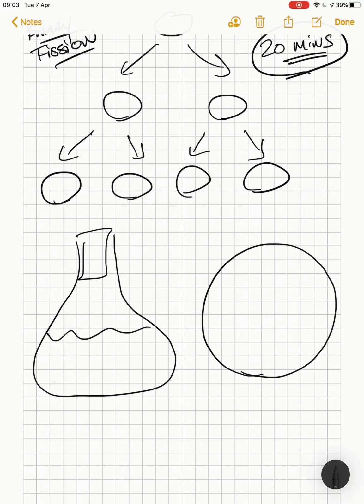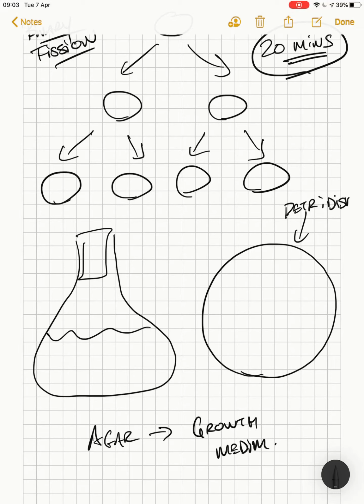So an agar plate, or agar, is a growth medium made with gelatin or seaweed components. So agar is just a growth medium, and we pour that agar onto a Petri dish, which is that plastic circular dish with the little lid on it, and then we tape it up. We'll talk more about that in a second.